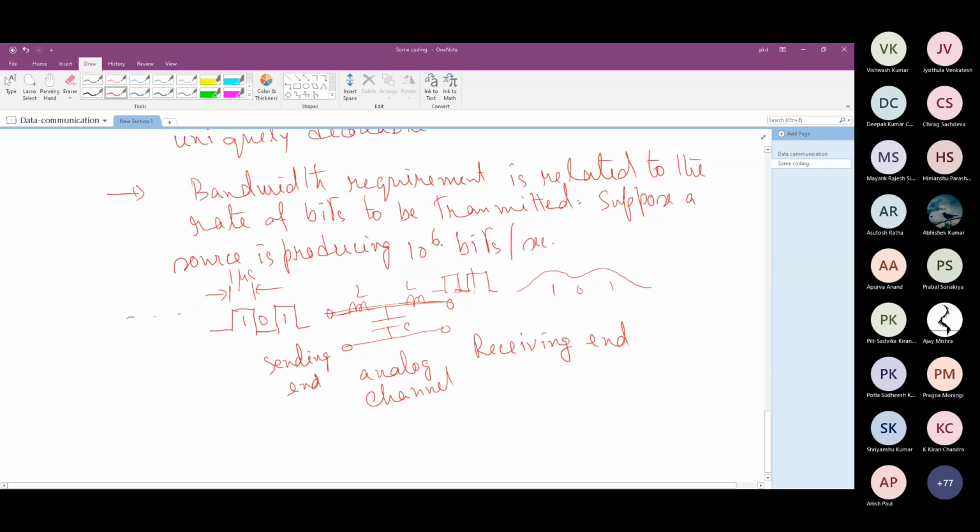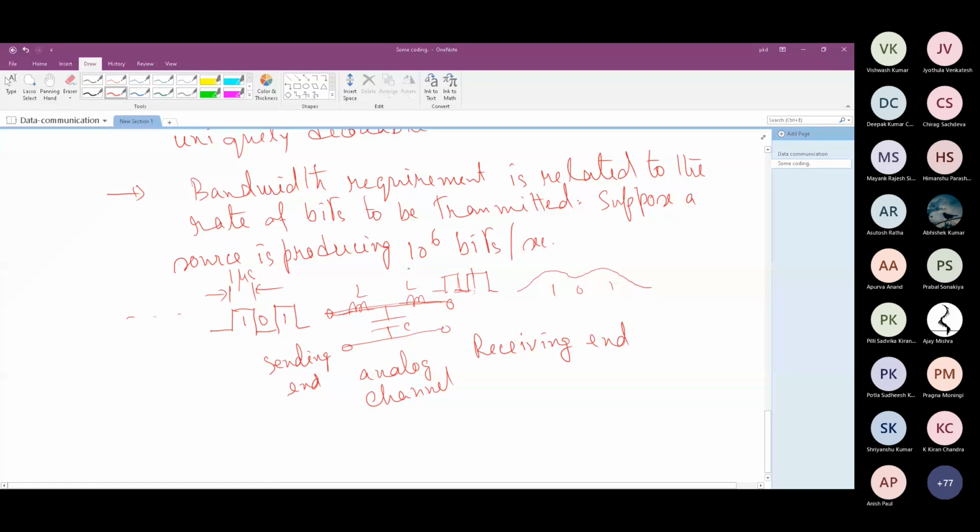Now the analog bandwidth and this bit rate are usually related. They are related in a certain fashion that we shall discuss later, when we discuss transmission media, because again, then we have to divert to a great extent to a different topic. However, physically, the bandwidth requirement is there.